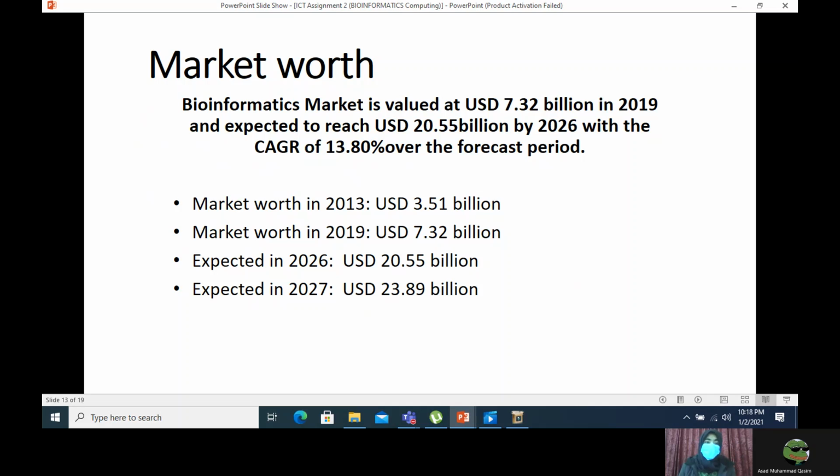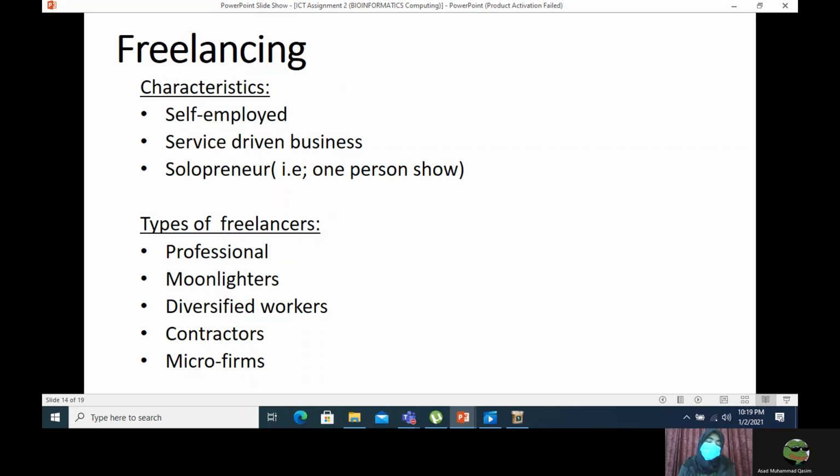The market worth of bioinformatics. In 2019, the market worth of bioinformatics was 7.32 billion US dollars, and it is expected to be 20.55 billion dollars in 2026. Freelancing, it has a huge scope in freelancing. In freelancing, one is self-employed and the boss himself.